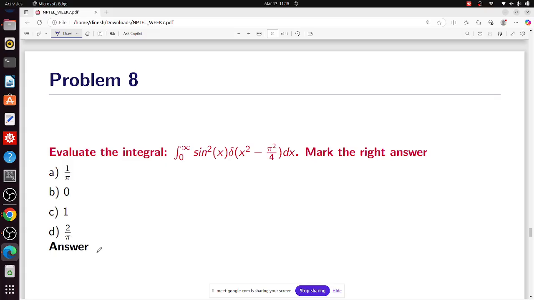We know that delta of (x minus a)(x minus b) is equal to 1 by the modulus of (a minus b) times delta of (x minus a) plus delta of (x minus b).